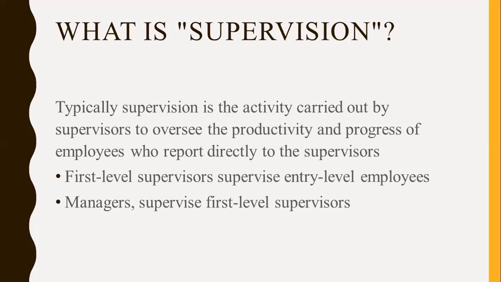Accordingly, different groups are being supervised by a senior supervisor, and so on. It goes up to the manager of the organization. Sometimes we say this: first line management, second line management, and the senior management.